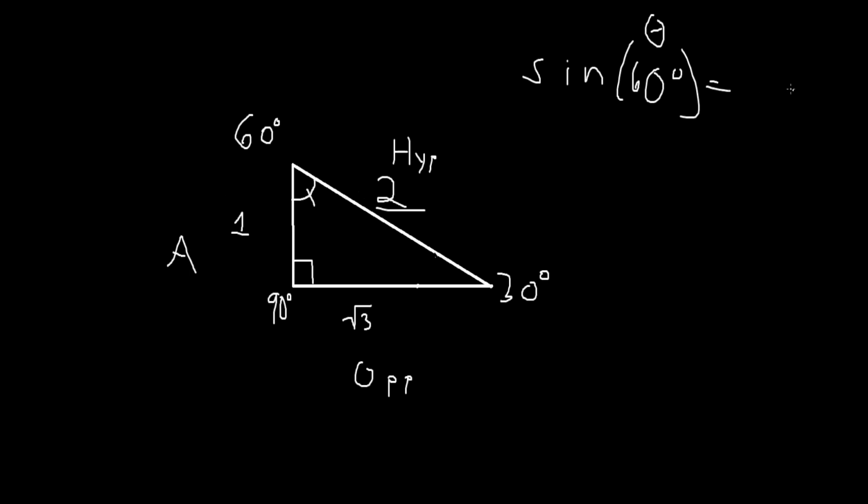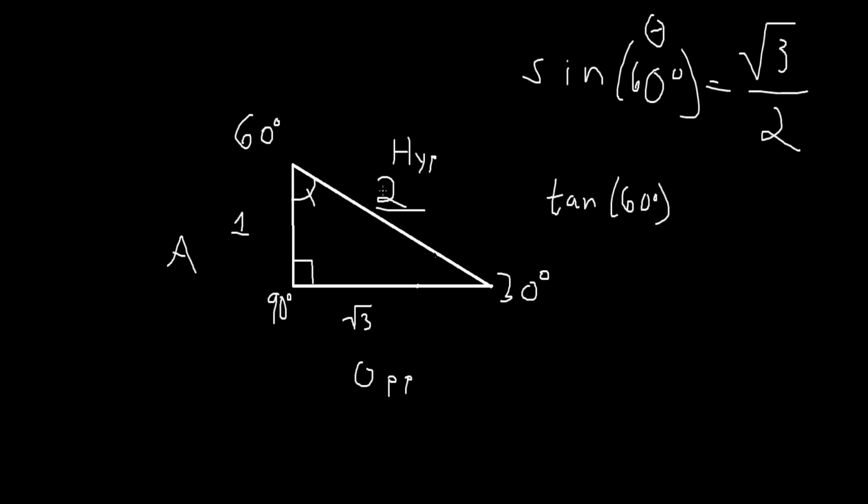So now that we know our angle is 60, and we drew the triangle out, we can make this work. It's opposite over hypotenuse. The opposite is the square root of 3, and the hypotenuse is 2. So there we go: square root of 3 over 2. And if someone asked us for tangent of 60, my apologies, it's very important that it's 60 degrees right now.